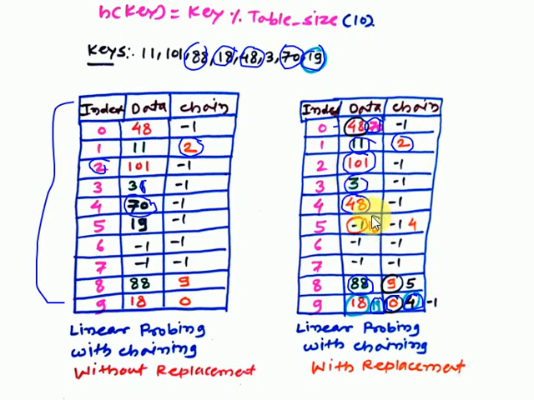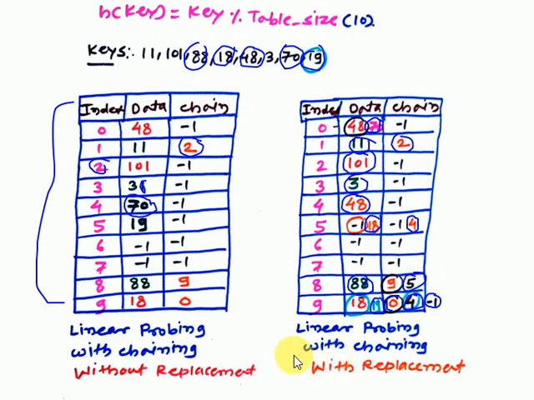So at 5 we'll put 18, and since after 18 there was a 48 with chain 4, we'll copy this value as it is over here. Now for 19 we put no chain, because only one element belongs to index 9, that is -1. But now 18's index got changed, so I need to replace the 18's index: instead of 9 we replace it by 5.